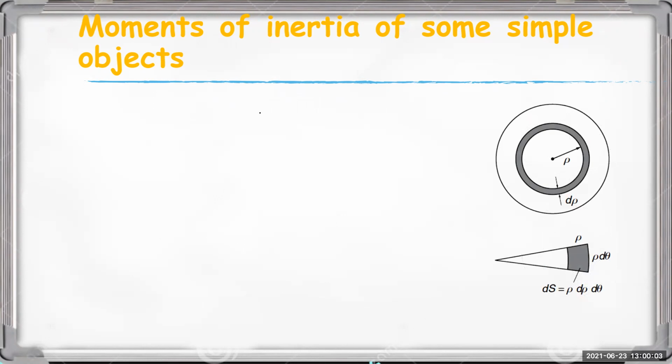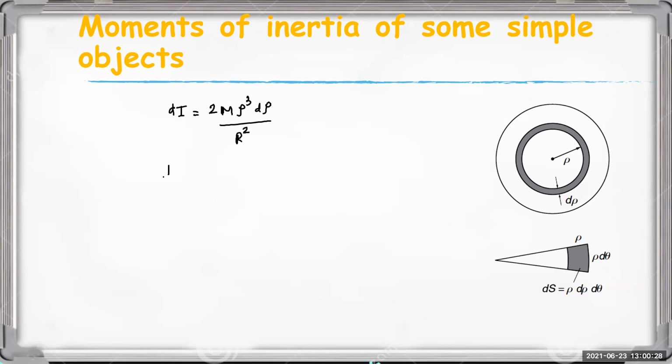So we write dI is equal to 2m rho cube d rho divided by R square.